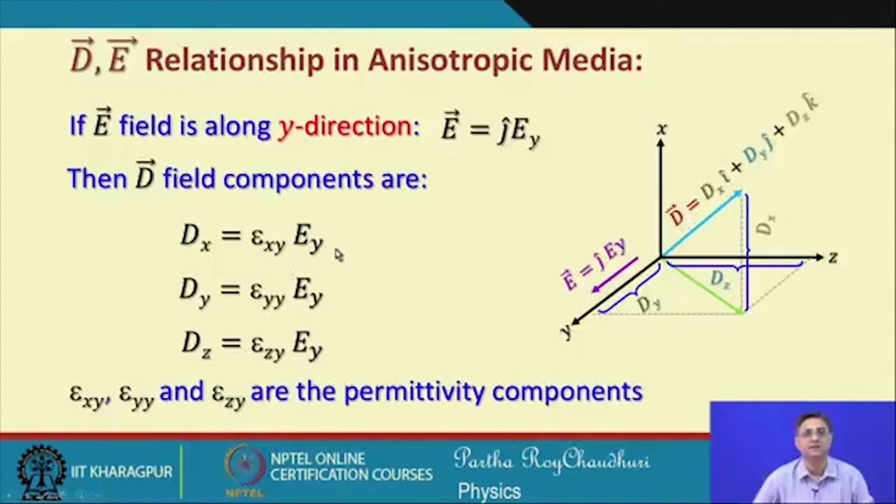As a result, in the same way we can write the displacement vector in this case, the x component is equal to epsilon x y E y. For the y component it is epsilon y y E y, and for the z component it is epsilon z y E y. Here also epsilon x y, epsilon y y and epsilon z y are the respective permittivity components when the electric field is applied along the y axis.